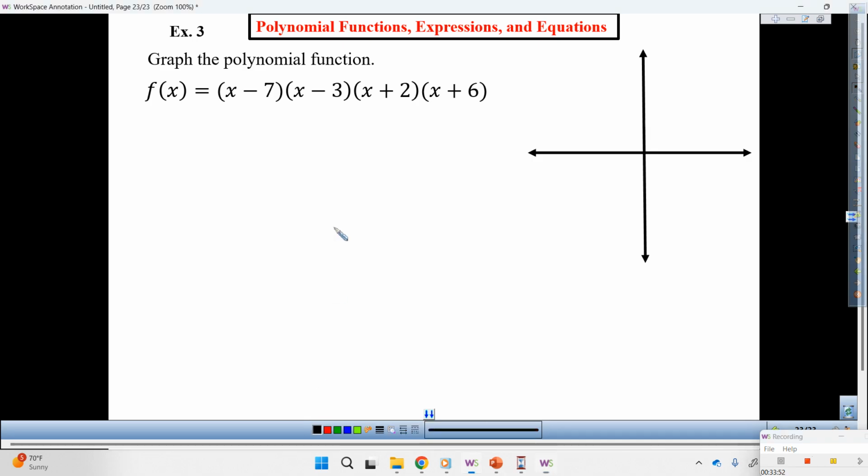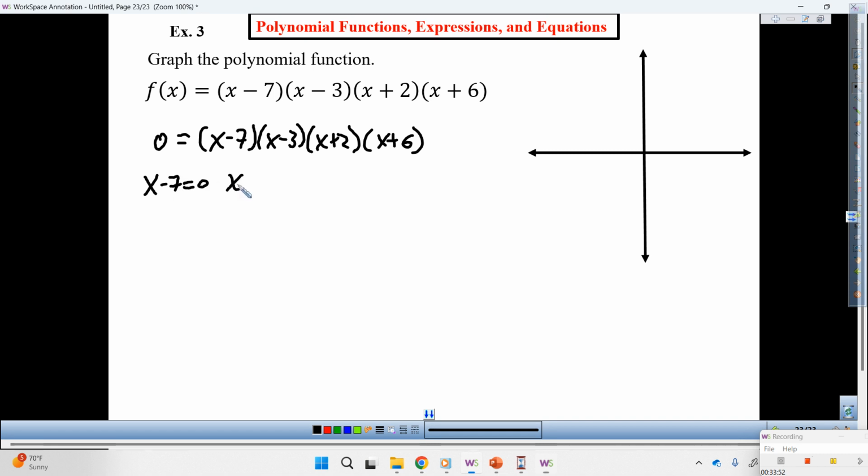All right, let's see. For the sake of time, is it in factored form? Yes. Set it equal to 0. X minus 7, x minus 3, x plus 2, x plus 6. Then set each one equal to 0. Solve.